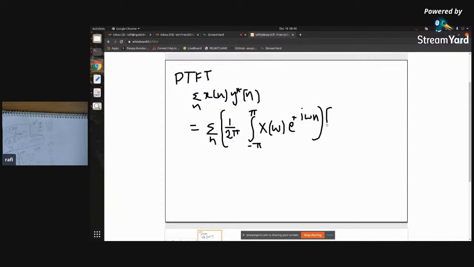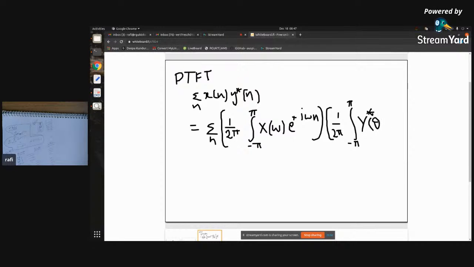Just in order to differentiate, we'll put 1 by 2 pi integral minus pi to pi of the conjugate, which is y star of theta.